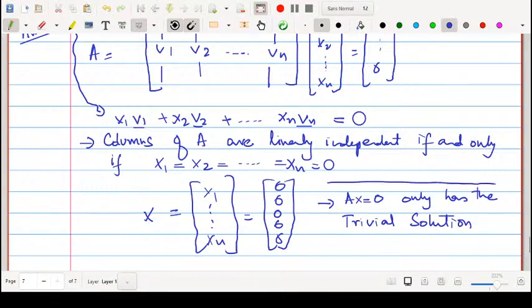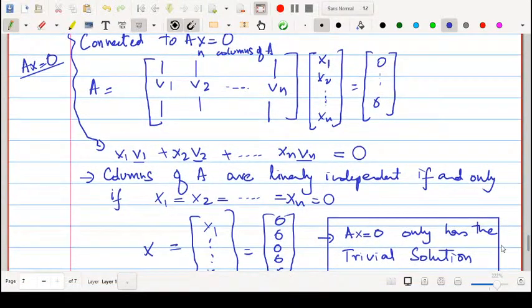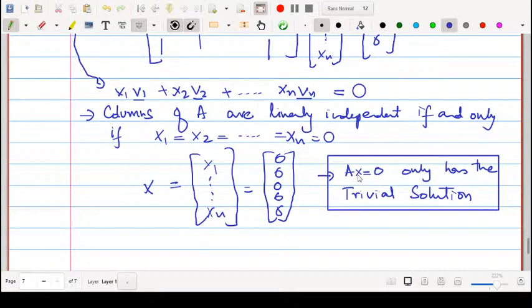That's the key connection here: the columns of A are linearly independent if and only if these x1, x2, xn are all equal to 0, and that just means that Ax equals 0 only has the trivial solution.